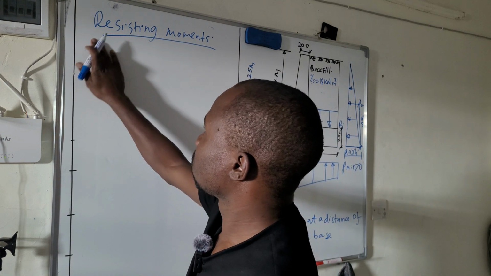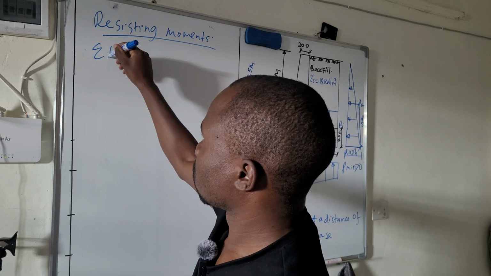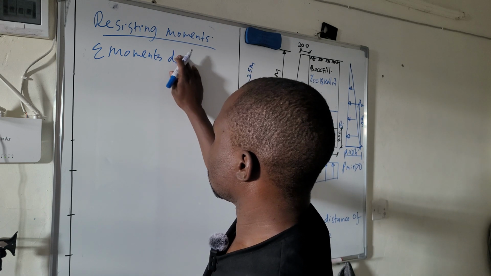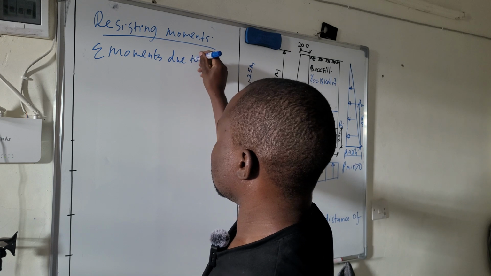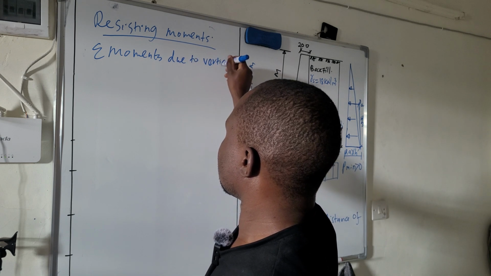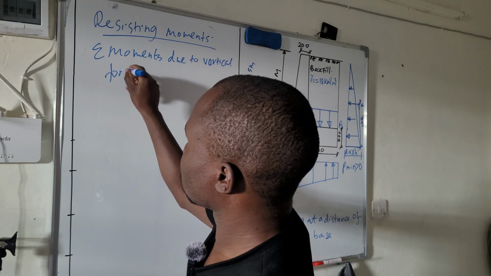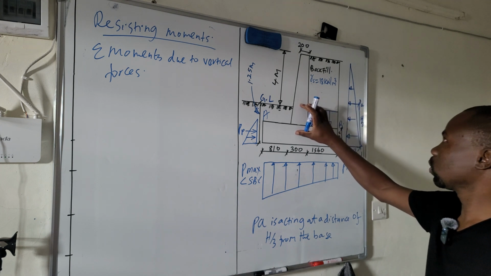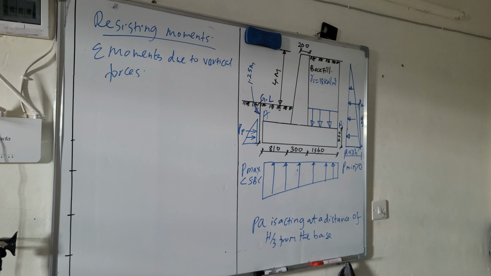Summation of moment due to vertical forces. And vertical forces will be the force of this retaining wall and the force of this backfill. So that one will be the moment due to vertical forces.